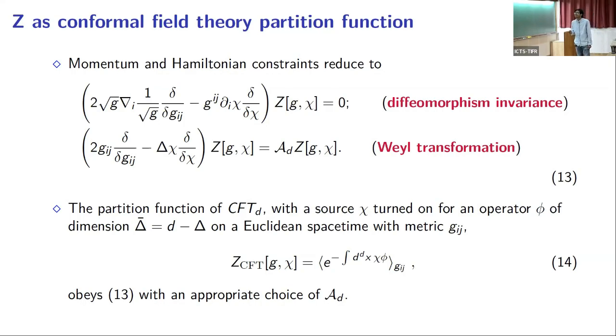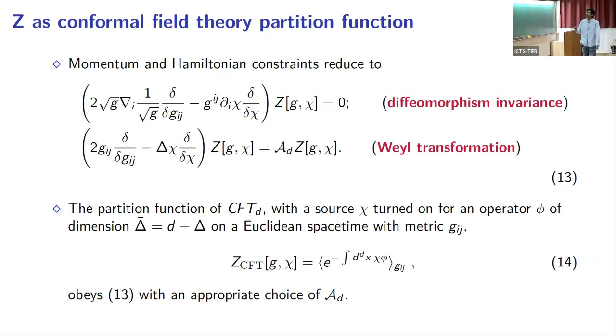We find that this J shares the same property as a CFT partition function. If you have a CFT partition function which has a source chi turned on for an operator phi with some dual dimension, you can find the same kind of relations as in equation 13: the diffeomorphism invariance and Weyl transformation.